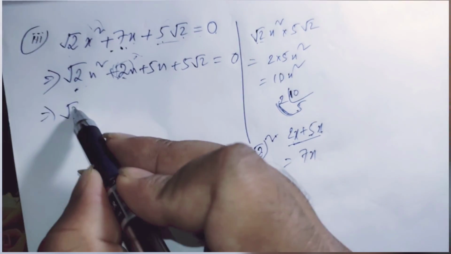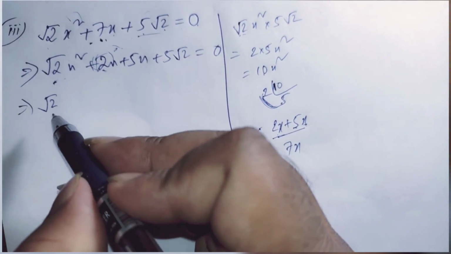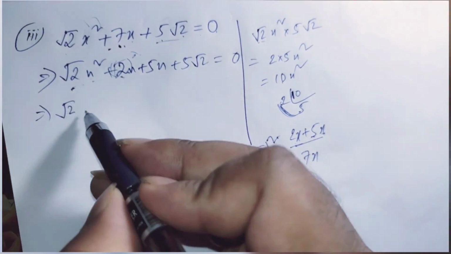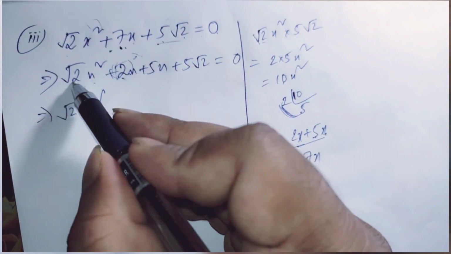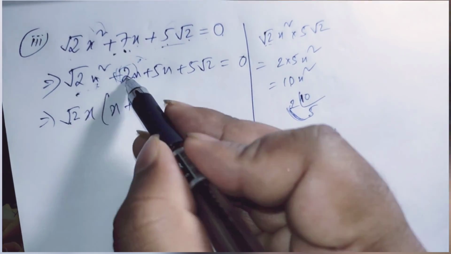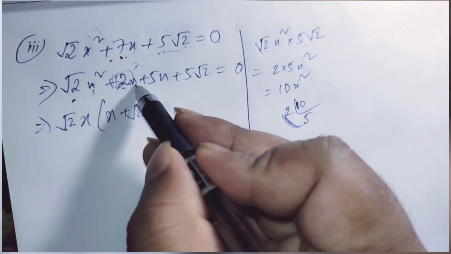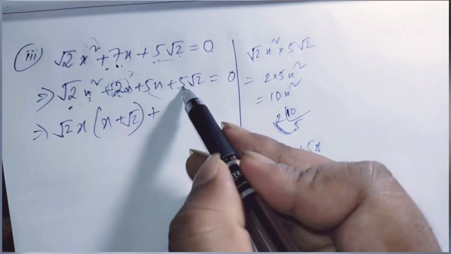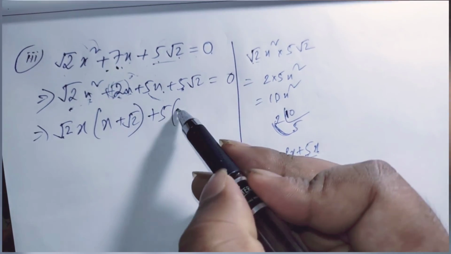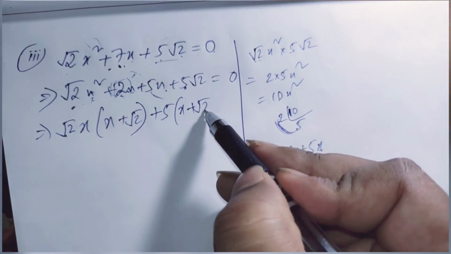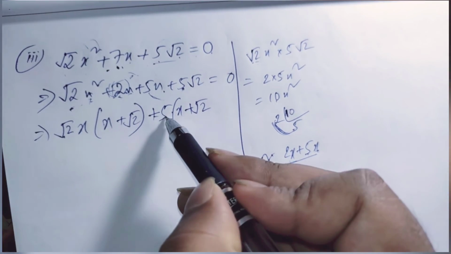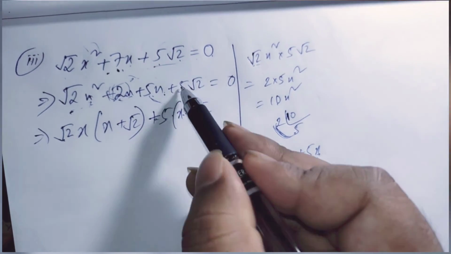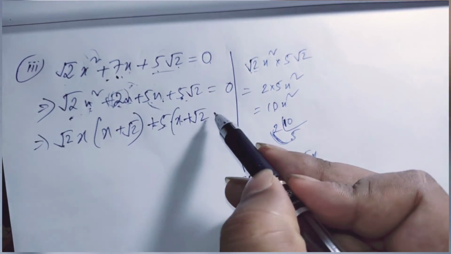So 1 root 2 can be taken common, and we can take common x. So root 2 gone, x gone, here remains x plus root 2; another root 2 is here, x is gone. Now here it is very simple. In this case you can take common 5, so here is plus 5x plus 5 times root 2, 5 root 2, then equals 0.